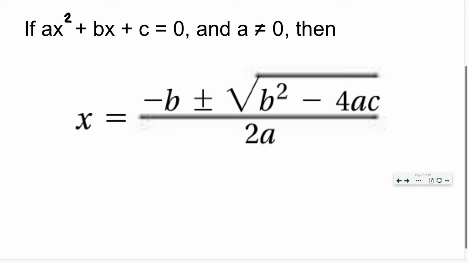Why does it have to be that way? I'm going to show you how the quadratic formula is derived. You will not have to do it, but I'll show you where it comes from. To be honest with you, if you had to, you could derive the formula, because when we derive the quadratic formula, all we're doing is rewriting our quadratic equation that's in standard form. We're just getting x by itself.